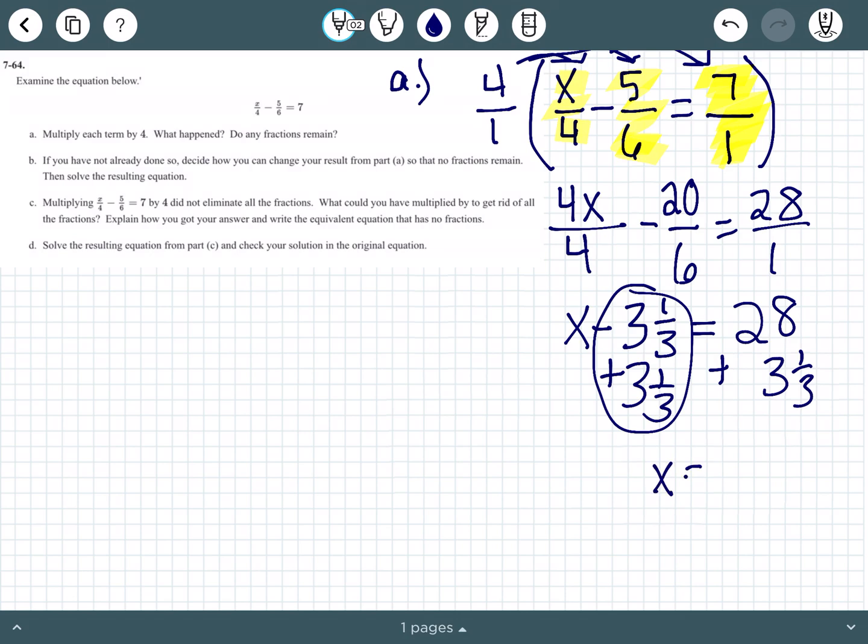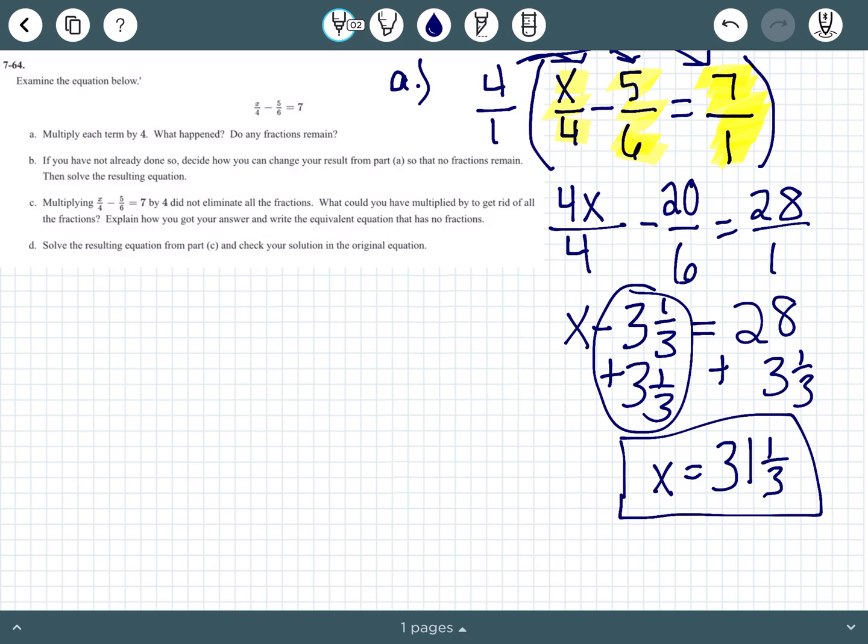I'm left with x on the left, and let me see, 28 plus 3 and 1/3 should give me 31 and 1/3 for x. So that's what we get when we solve for x.